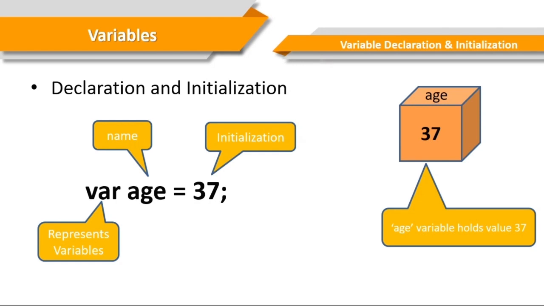Now, in order to initialize a variable, you've got to assign it a valid value according to its data type. So we use the equal sign, which means that the value on the right side of the equal sign will be saved into the variable on the left side. So in our example, we assign the value 37 to the variable age.